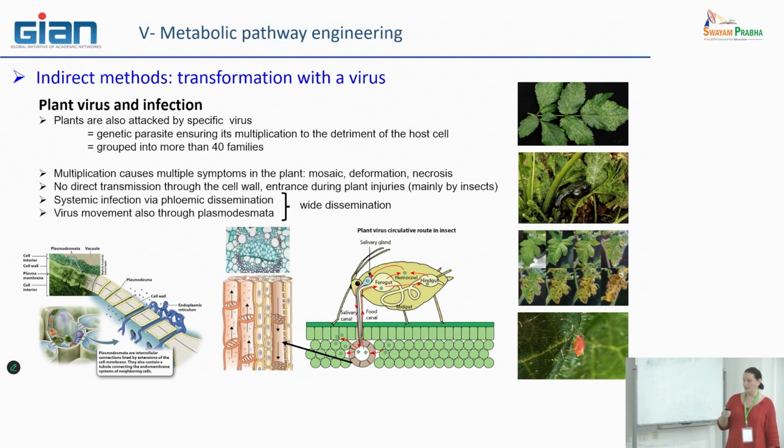This is why viruses are very efficient, not only at diffusing inside the plant, but also at managing different things for their own production once they are in the cells. This wide dissemination was quite interesting to see because it means that it's quite easy for a virus, when it is in contact with plant cells, to infect them.